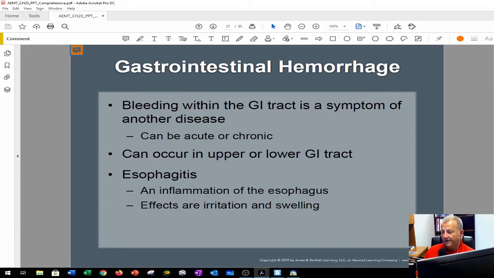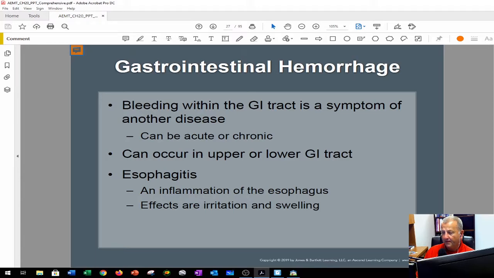There are two different types. There's an upper GI bleed and a lower GI bleed. When we're considering an upper GI bleed, we're talking about the tract that spans from the esophagus to the upper part of the small intestine.